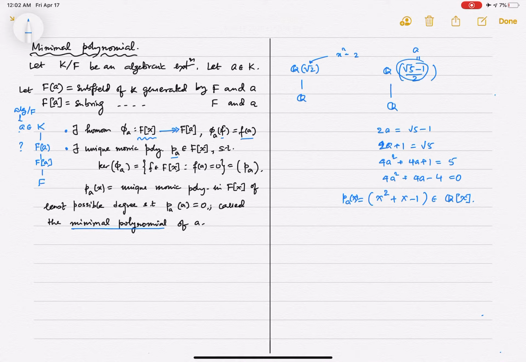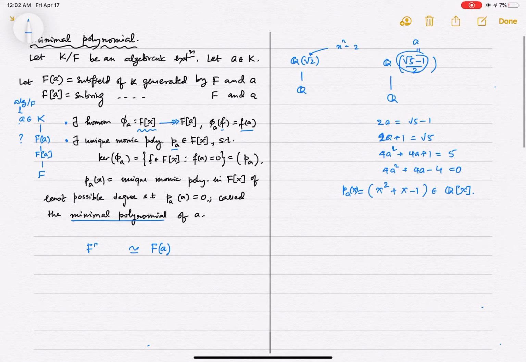And then the big thing that we discovered after some discussion is that this field that we want to understand is actually isomorphic to the polynomial ring mod the ideal generated by this minimal polynomial.